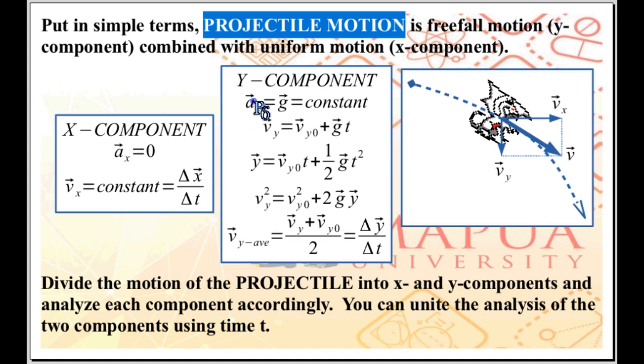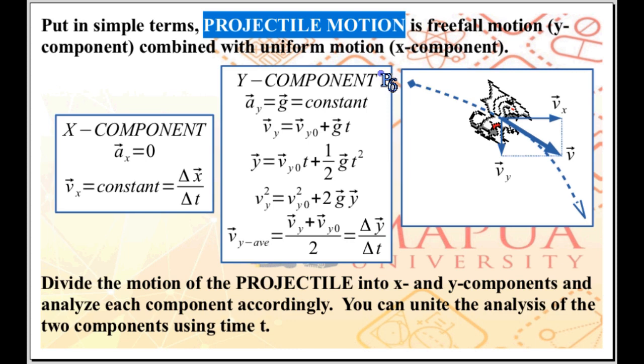Whereas if you look at the y component of the projectile motion of the object, the y component is characterized by free fall motion. The acceleration source is gravity. Therefore, ay is just equal to acceleration due to gravity, and it is constant at this value.